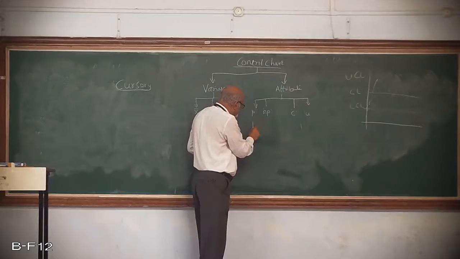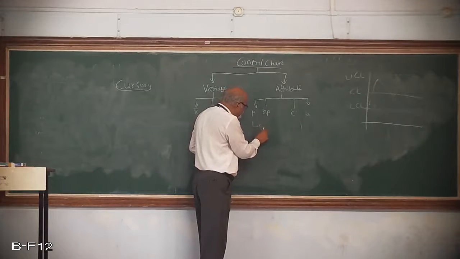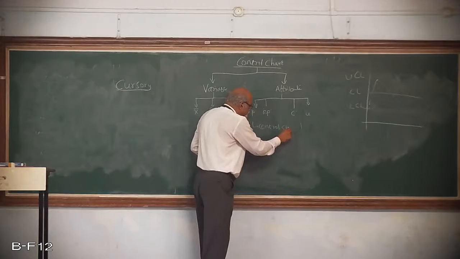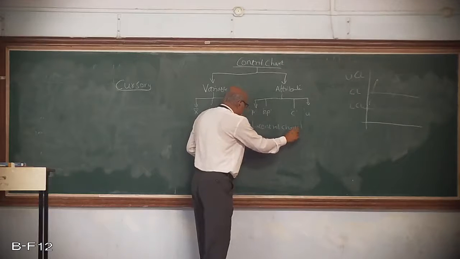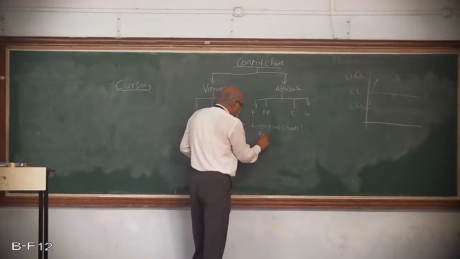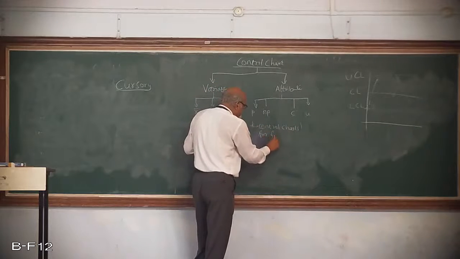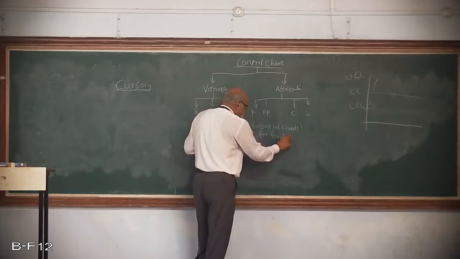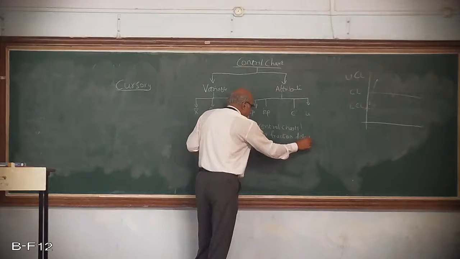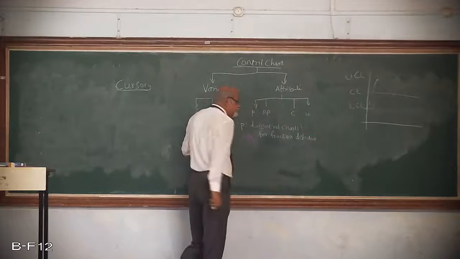P means it is for control charts for fraction defective.